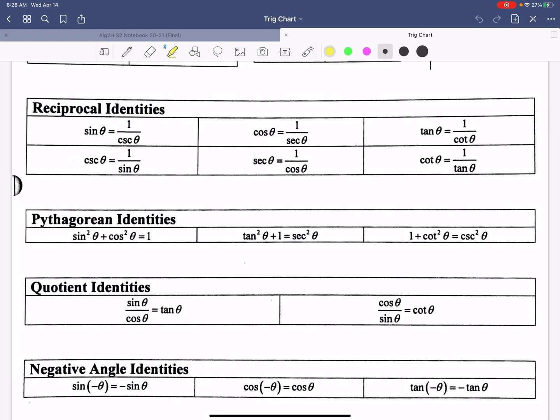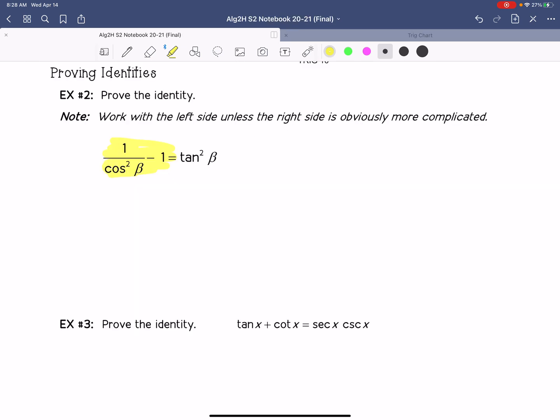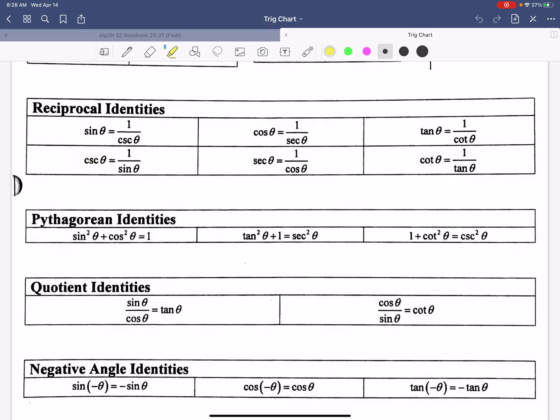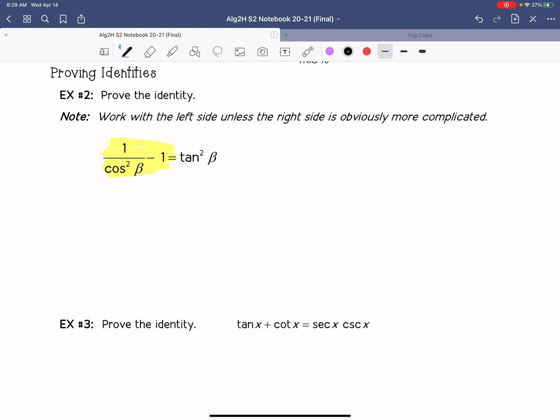And we want to figure out which one has tangents, and it's going to be secants because we know 1 over cosine squared b is the same as secant because of the reciprocal function. So here's my reciprocal functions. So we know 1 over cosine is really the same as secant. So that's how I'm going to start. So 1 over cosine squared is really just secant squared beta minus 1 equals.